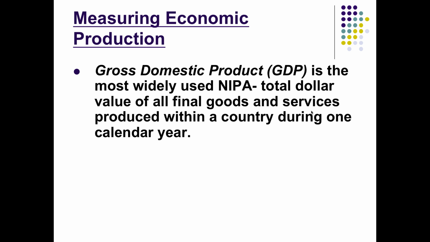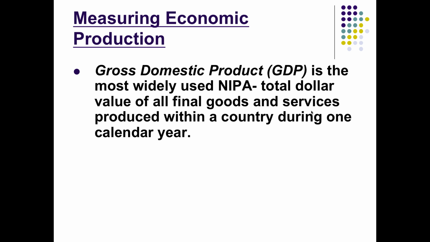So for example, if a car is included in gross domestic product, that would be a final good. But the parts of the car, say the tires, if they were included in the car, would not be included in gross domestic product, because then you are counting both the car itself as well as the parts of the car in gross domestic product, and you are double counting, and that will make gross domestic product look higher than it actually is.